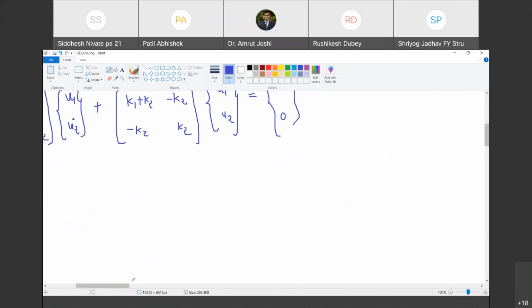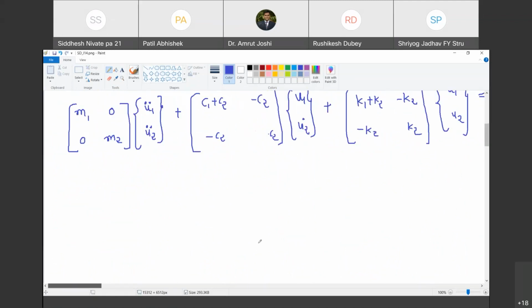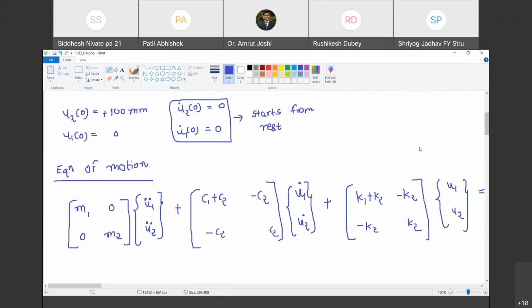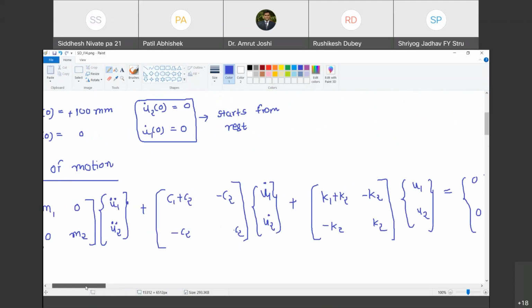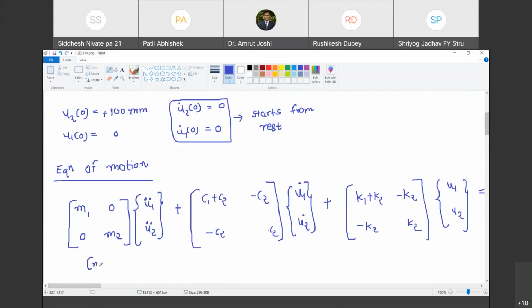So this is equal to 0, 0. This is our equation of motion. We call this matrix the mass matrix. We call this the matrix of accelerations. We call this the C matrix, that is the damping matrix.